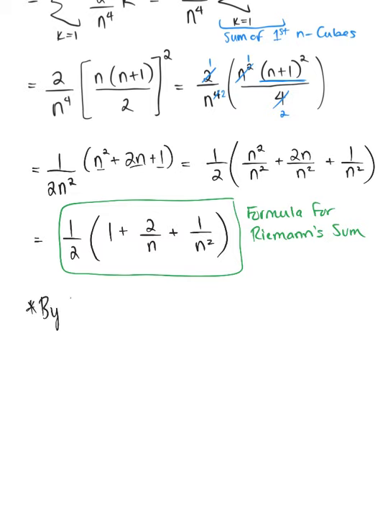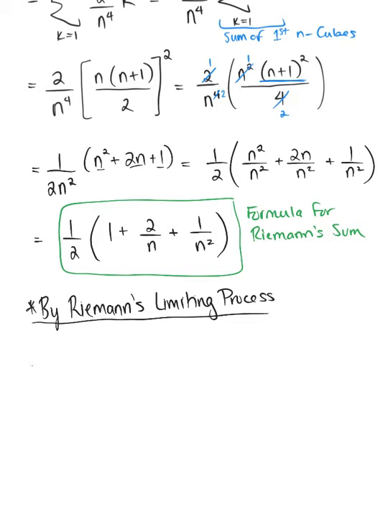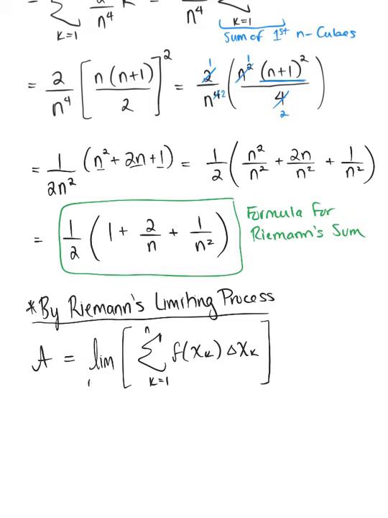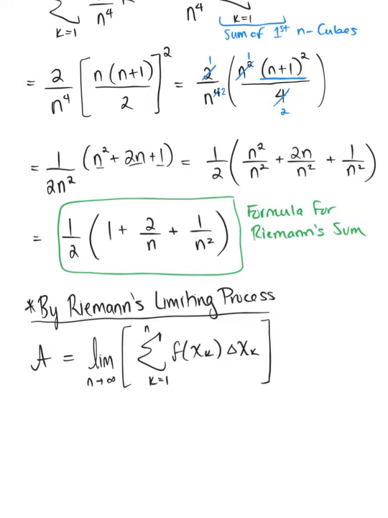So we can say, by Riemann's limiting process, again, we know that if we take the limit of our Riemann sum, the sum from k is 1 to n of the height in that kth subinterval multiplied by the width in our kth subinterval, as n is approaching infinity, that gives us the exact area.